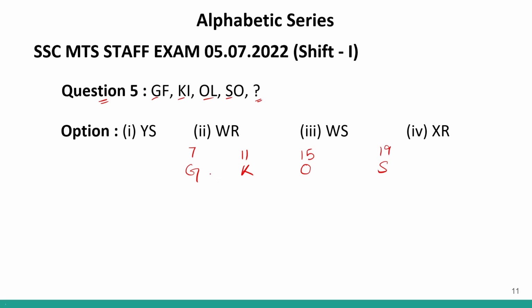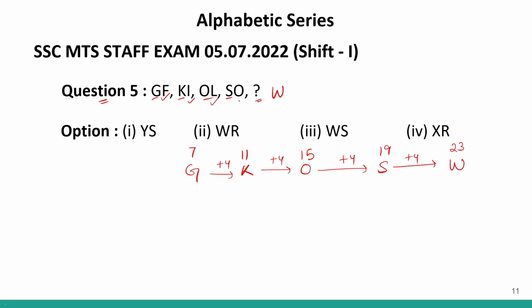From 7 to 11 is plus 4, 11 to 15 is plus 4, and 15 to 19 is also plus 4. So the next one will also be plus 4. 19 plus 4 gives me 23, and at 23 we have W. So my first element will be W. Clear?